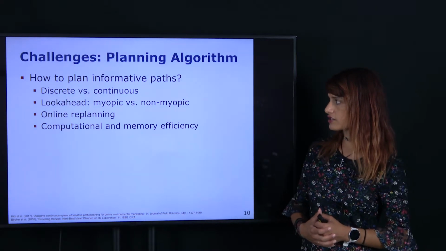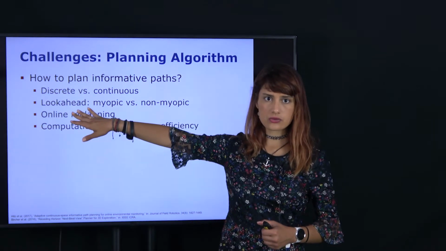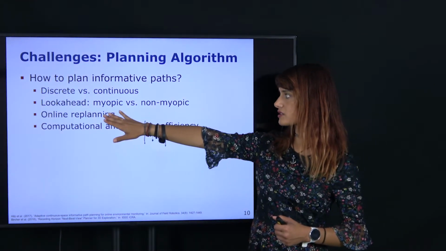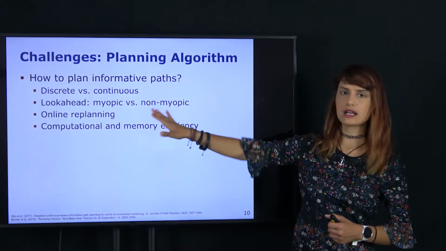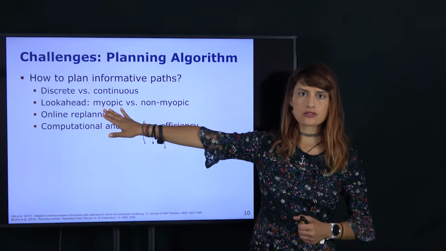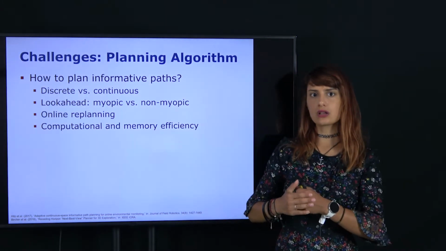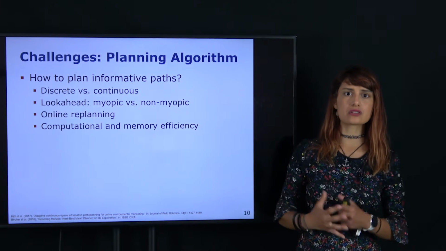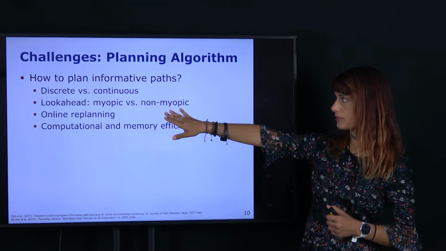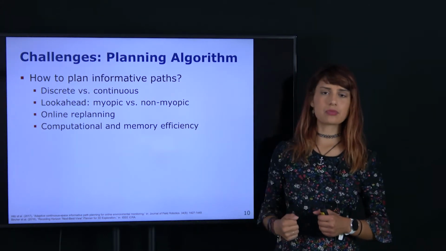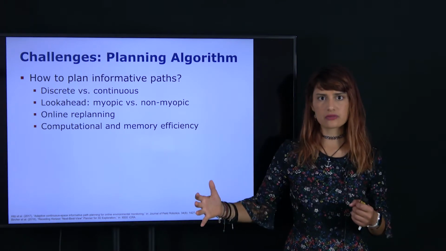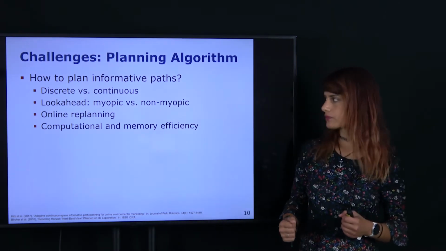Another key consideration is the look ahead that we want to use when planning. So we have two distinctions in terms of the look ahead a path planning algorithm uses. First we have myopic planners, which are greedy in the sense they only look one step ahead when they consider the next action to take. In contrast, non-myopic or more far-sighted planners implement some kind of horizon to reason over the sequence of measurements a robot would take.